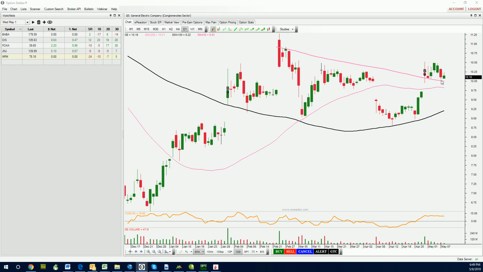GE has been hanging tough. Big gap on the earnings. Been able to hold the gap. Still sitting above that 200-day moving average. So in this instance, you could also do the same: draw a nice little line down here, so that if the stock gets above that line, you can also just figure out where that stock would need to be above a little downward sloping trend line.